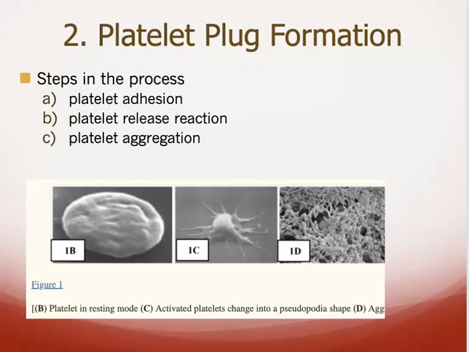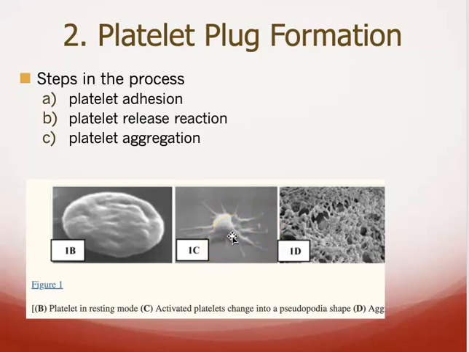Okay, so let's talk about platelet plug formation first. There are 3 steps in the process: adhesion, a release reaction, and then aggregation. When we mentioned just a moment ago that the platelet can change its shape, under resting conditions it has sort of a little discish shape to it. And then, remember we said change its shape, well, it kind of sploots out, for lack of a better term.